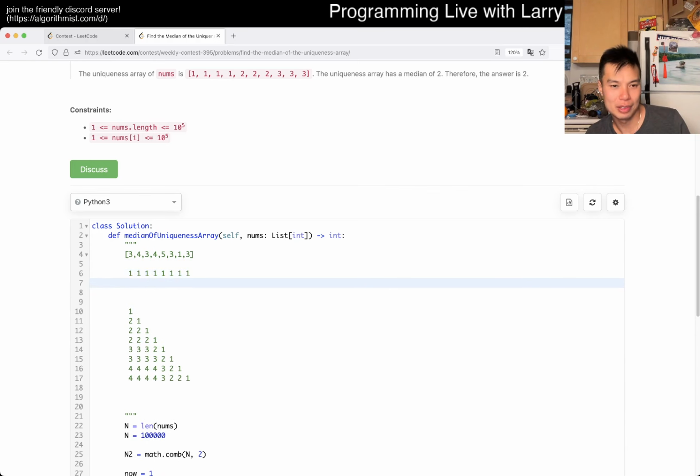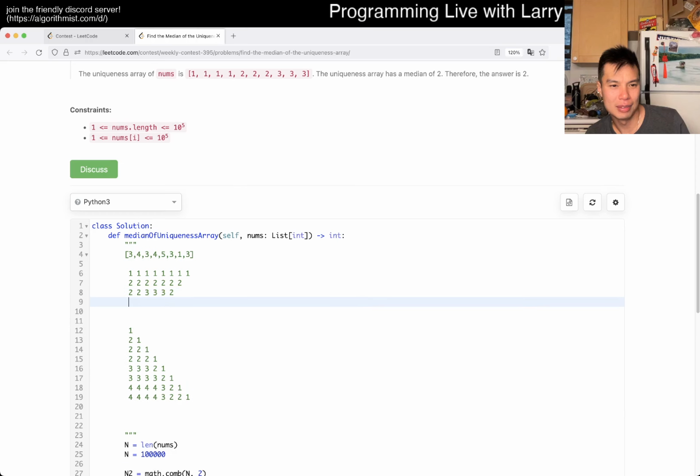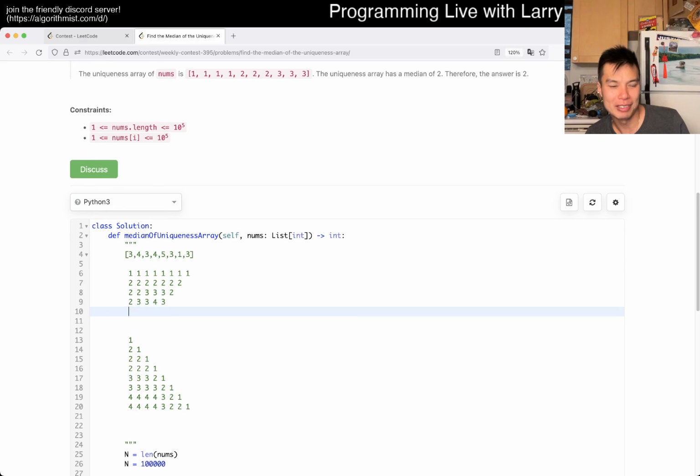Length 2, no, it's just all 2s. Length 3, length 4. This may be prone to error a bit. Should have just written a program to do this. I am an engineer after all. Length 5.